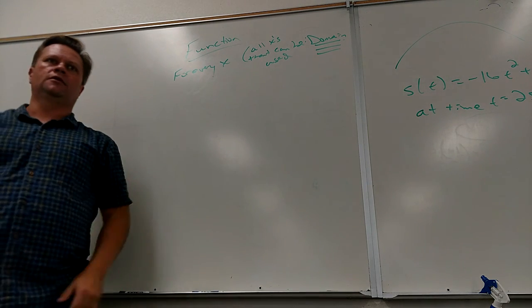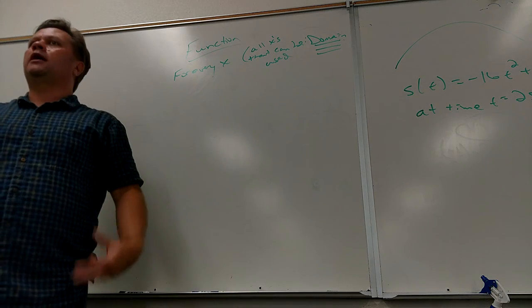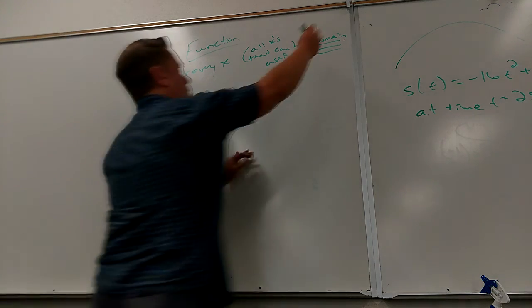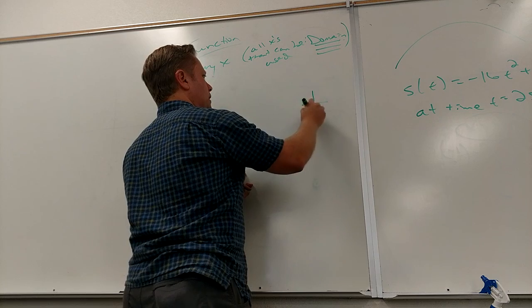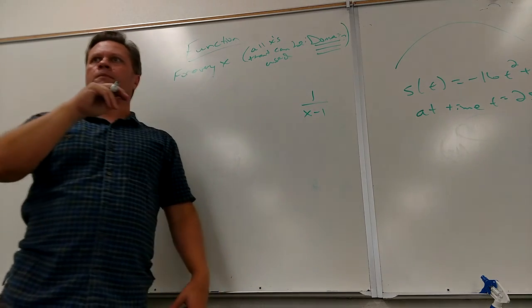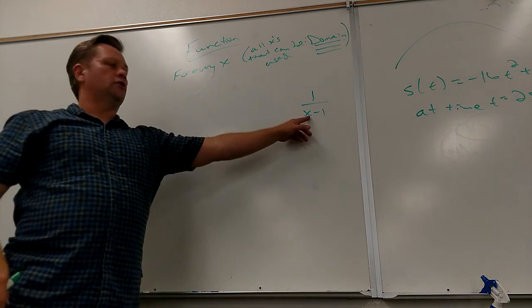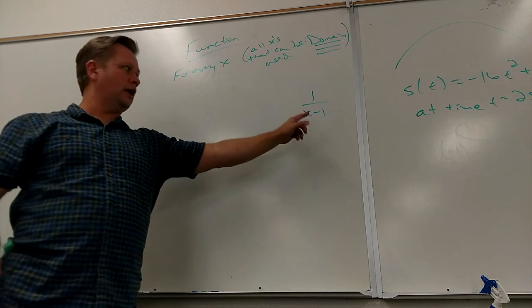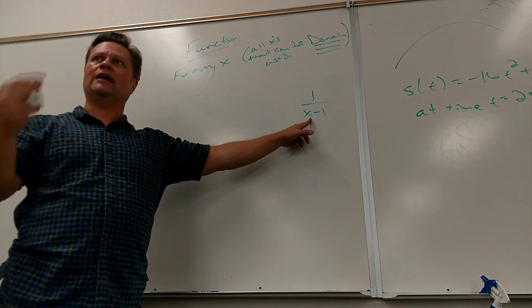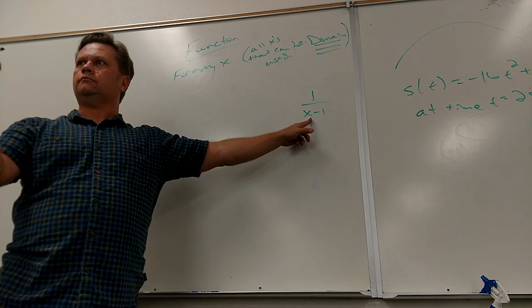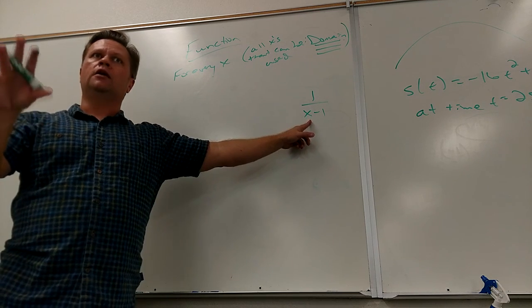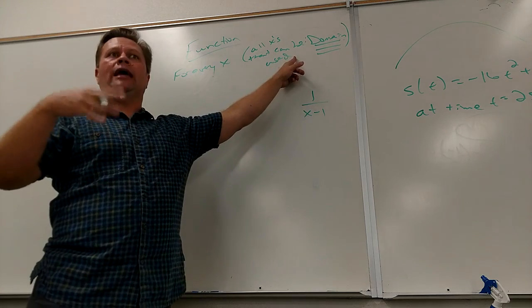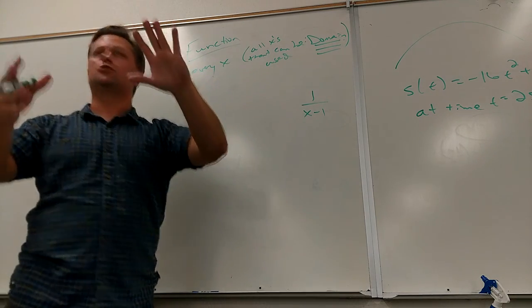You have to throw those out. You say, that's not in my domain. So for example, what x would make this have a 0 on the bottom? 1. So the domain of this function does not include 1. The domain of this function is everything except 1. I like it. So domain is all the values you're allowed to plug into x, all the x values you're allowed to use.